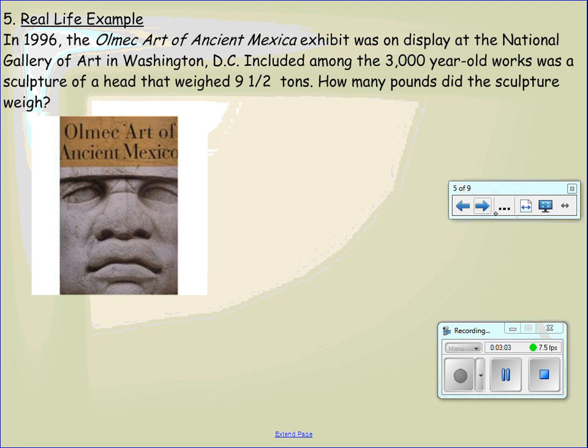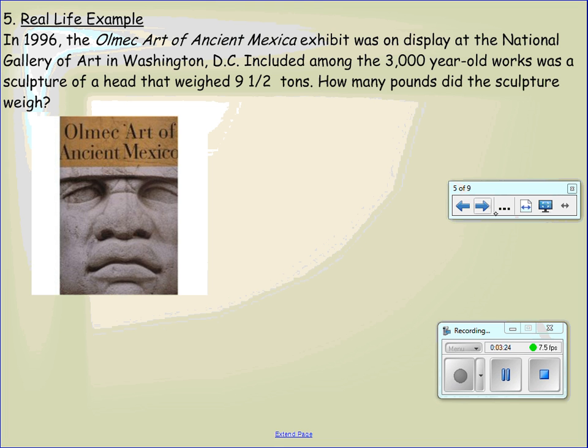In our next real life example, in 1996, the Olmec Art of Ancient Mexico exhibit was on display at the National Gallery of Art in Washington, D.C. It included among the 3,000-year-old works a sculpture of a head that weighed 9.5 tons.